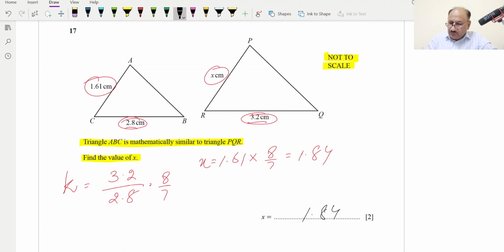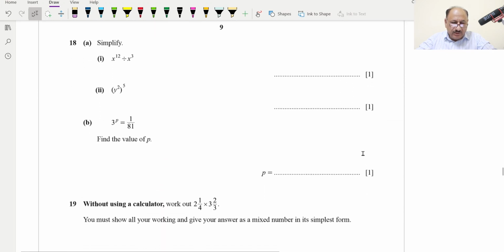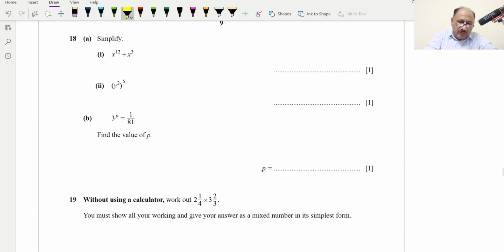It will be in centimeters basically, and you have to write the centimeters. So now question number 18, we have to simplify this, and we know this is indices. Basically we can simplify, and we can write x raised to 12, and because this is division, so -3, and this will be equal to x raised to the power 9.